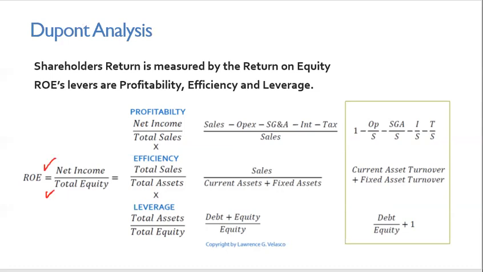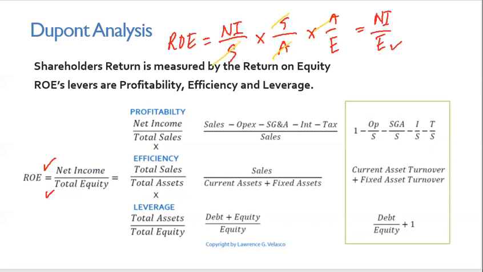But actually, we can get ROE by doing this. We can compute net income over sales times sales over assets times assets over equity. And it will give you, cancel, net income over equity, di ba? Which is return on equity.